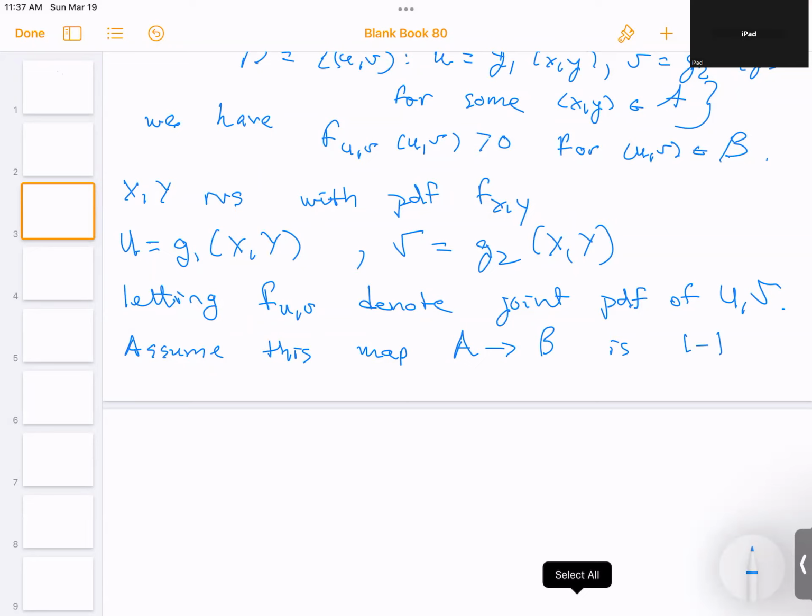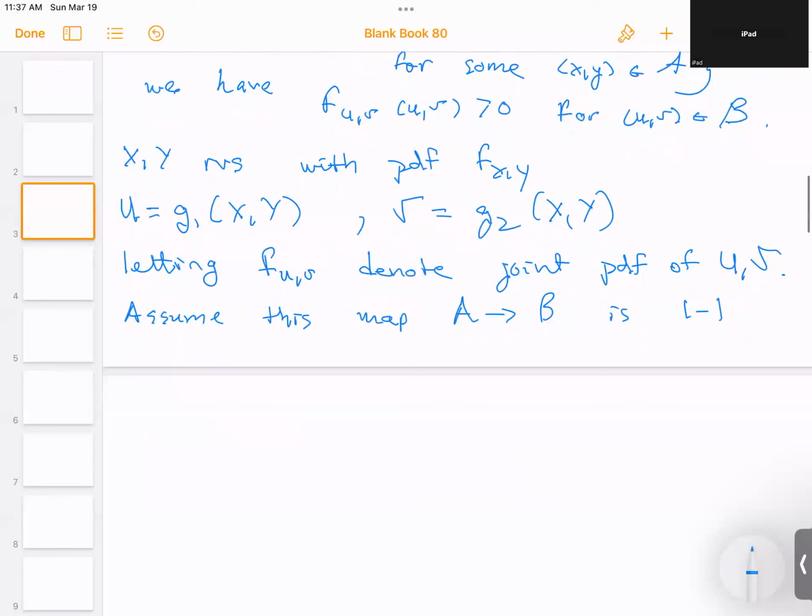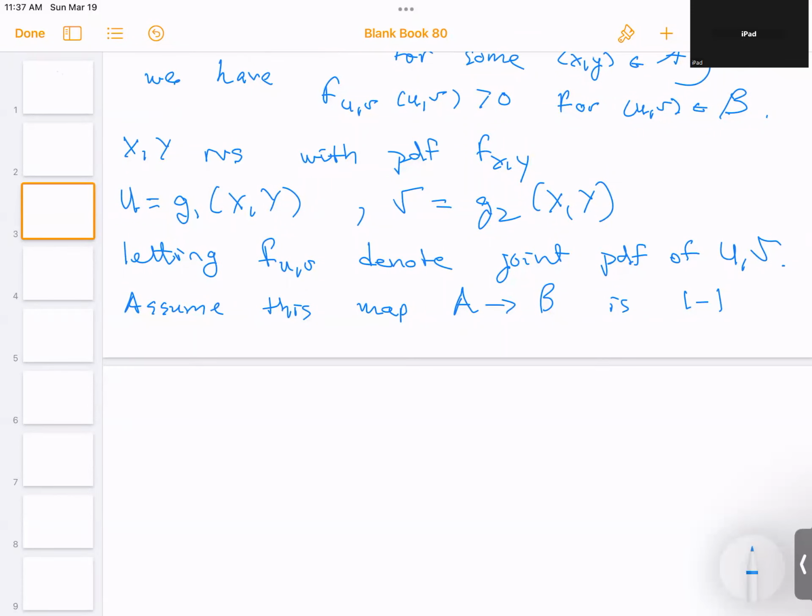And so that means there exist inverse functions, we'll just call them h1 and h2.